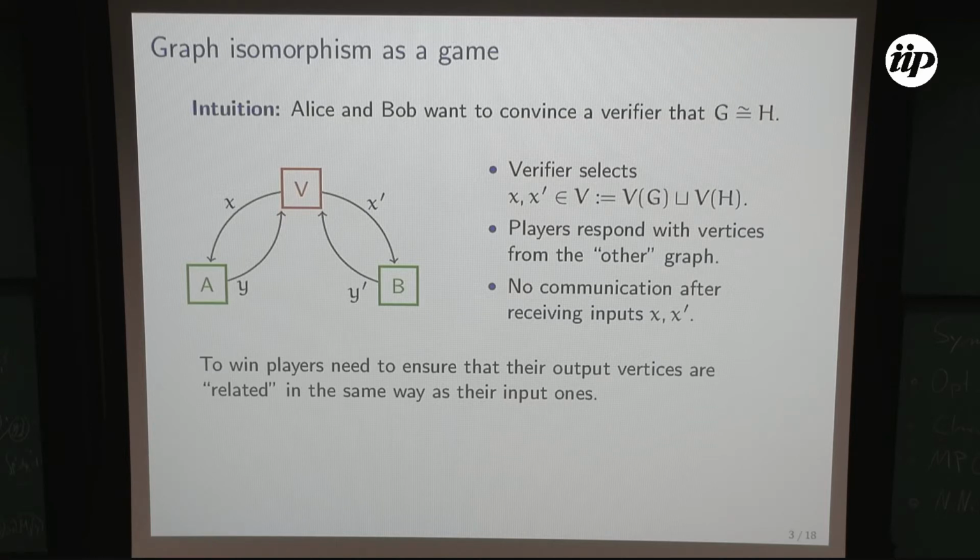This "related" can mean one out of three different things. I'm going to distinguish when vertices are the same, distinct non-adjacent, or adjacent. For instance, if x and x prime were two adjacent vertices of H, then y and y prime need to be two adjacent vertices from G. And some more complicated combinations.